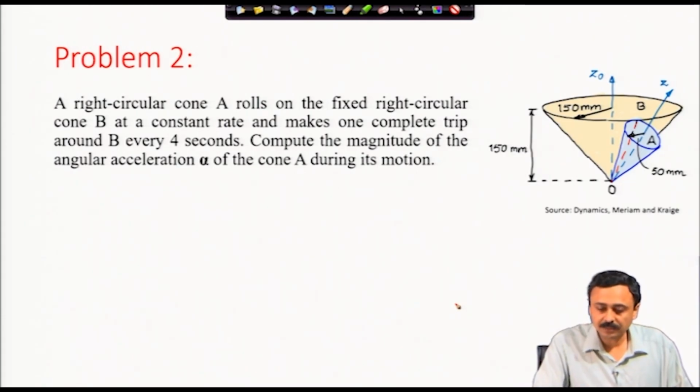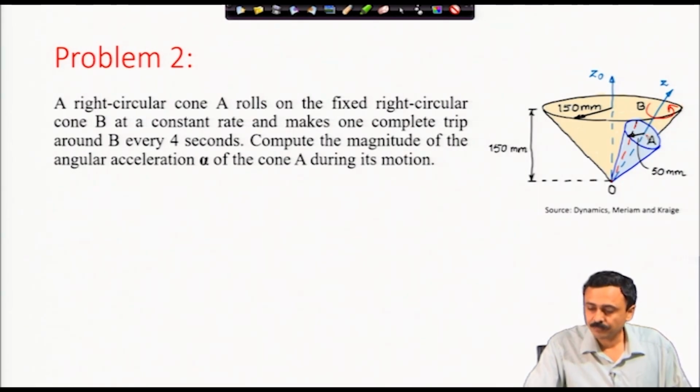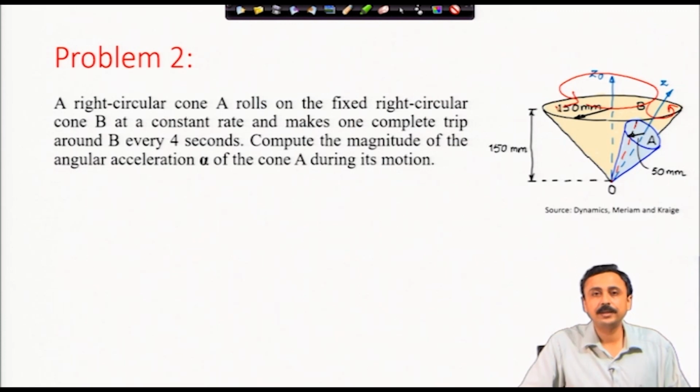We have to calculate the magnitude of angular acceleration alpha of cone A, but before that we have to also calculate angular velocity. This cone goes round and completes one trip in 4 seconds.